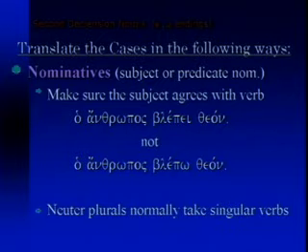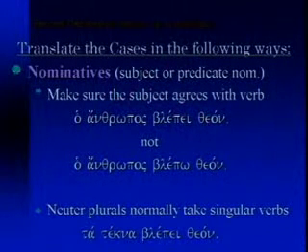This will be the one place where you do not have agreement between the number of the subject and the number of the verb. You'll memorize it this way: when you come across it, you say, oh, that's a neuter noun, it's plural. Neuter nouns can take singular verbs. So that shouldn't throw you off.